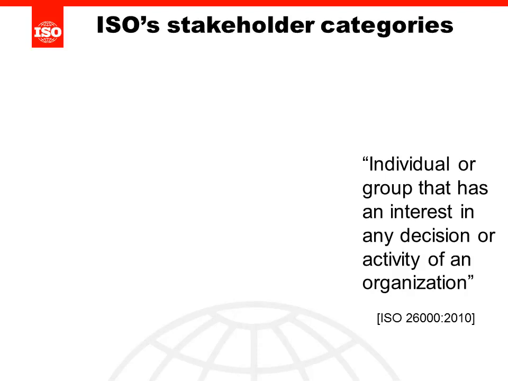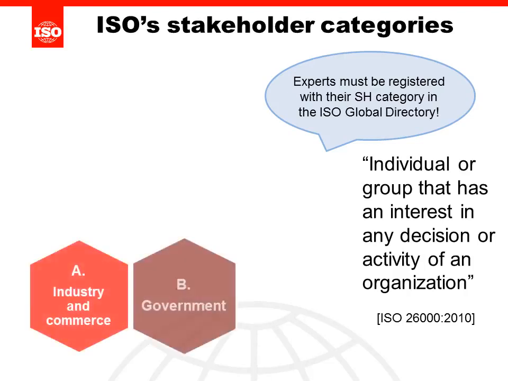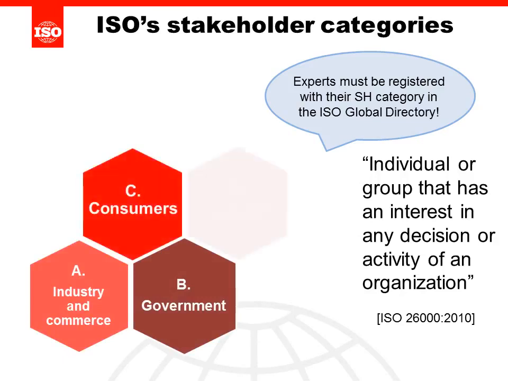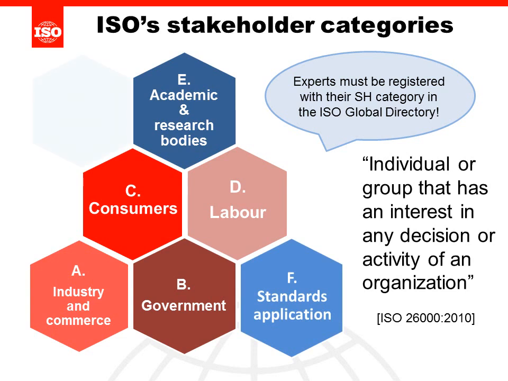As an aside, I'd mention that since September 2012, national standards bodies are required to indicate in the global directory which of the stakeholder categories the experts they nominate to working groups belong. These stakeholder categories are industry and commerce, government, consumers, labor, academic and research bodies, standards applications, and non-governmental organizations.